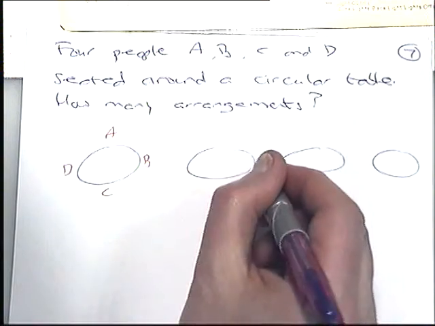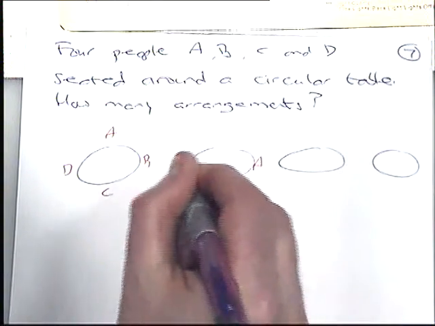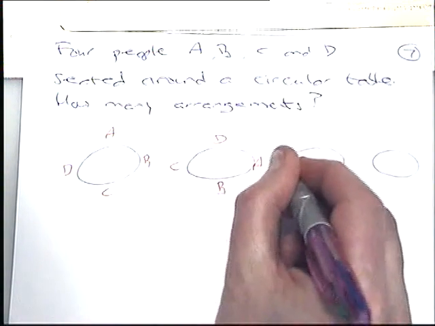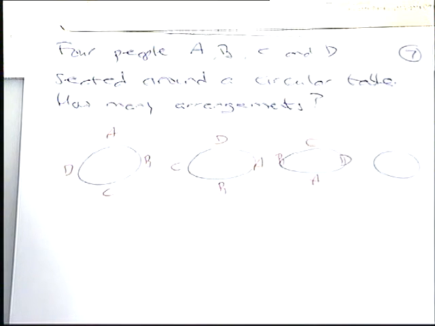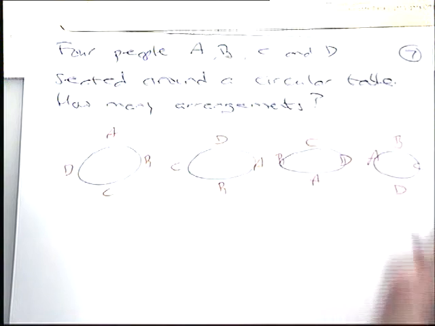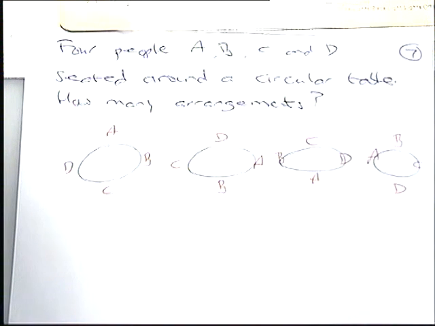Now, what about this seating arrangement? That's the same thing, just rotated, so it's the same arrangement. That's the same, and so is that, and so is that. Those are exactly the same arrangements.